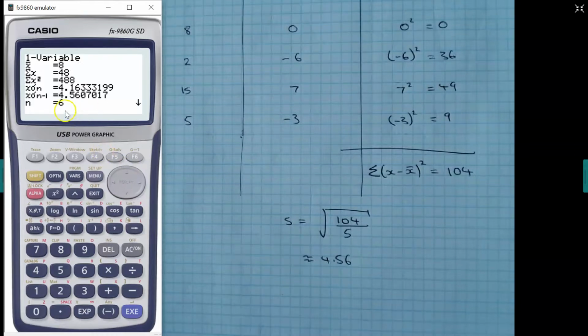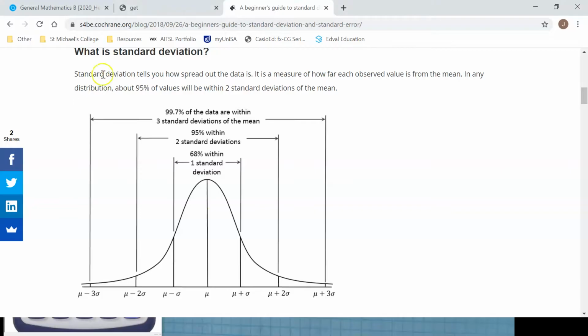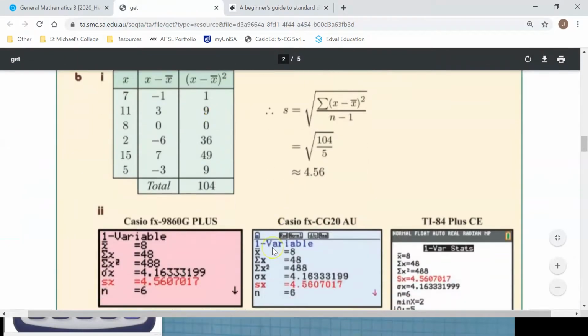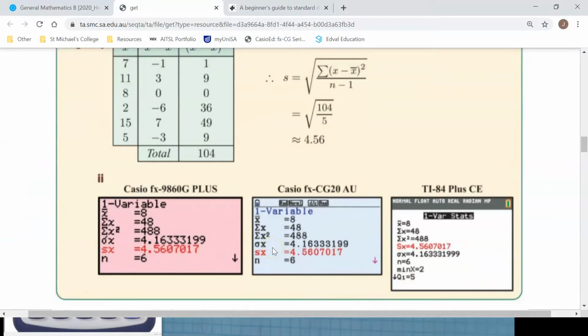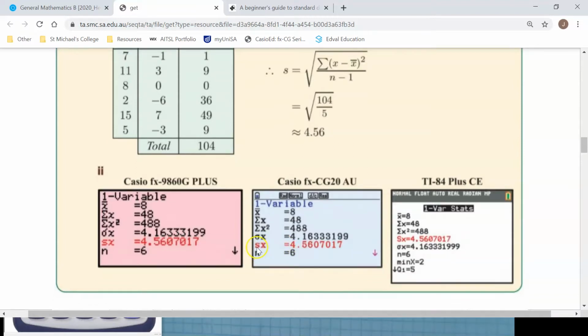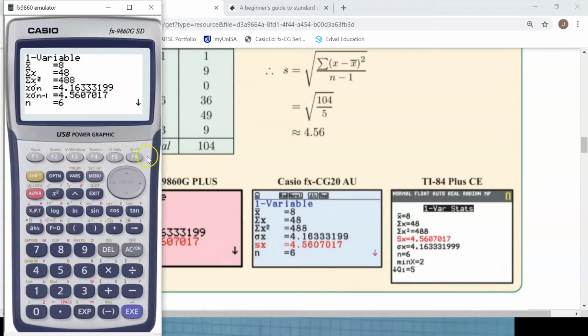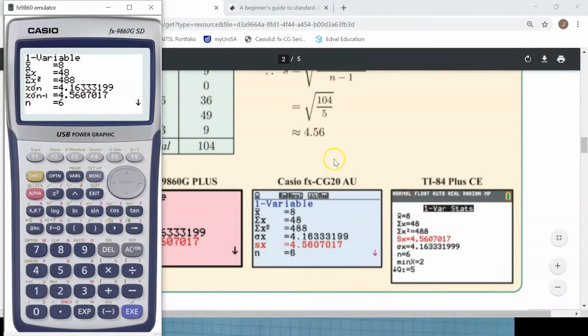Our standard deviation, here you go, is equal to 4.56. So that would tell us our sample standard deviation. Now on your calculator, it will look slightly different. You should have SX, whereas my calculator, which is the older version, has slightly different notation.